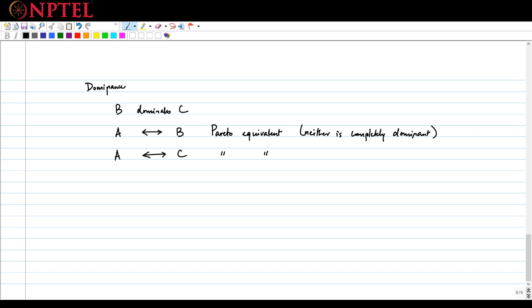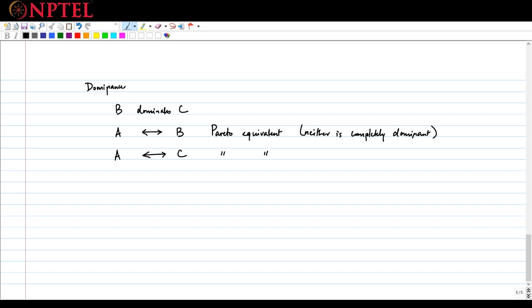Okay, this is an important concept to keep in mind, because at the end of the day, the most important thing that you need to keep in mind while understanding a course like this is that there are no unique answers. You are not trying to come up with one solution which is perfect and which says, okay, this is the best possible solution for your problem. If you can come up with such a solution, well and good. But if you cannot, then you need to be able to at least say which ones are completely dominated and can be discarded, right?